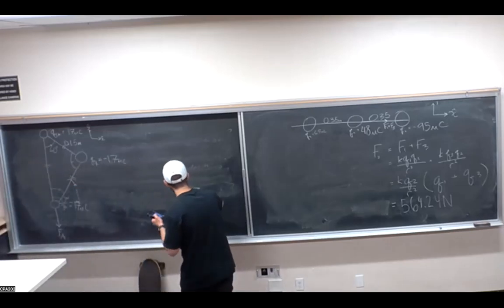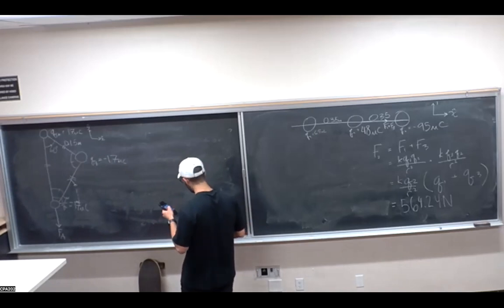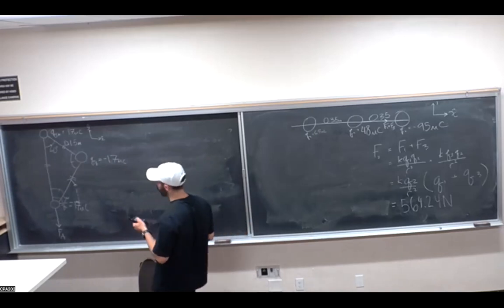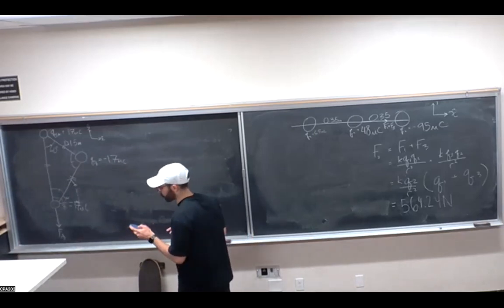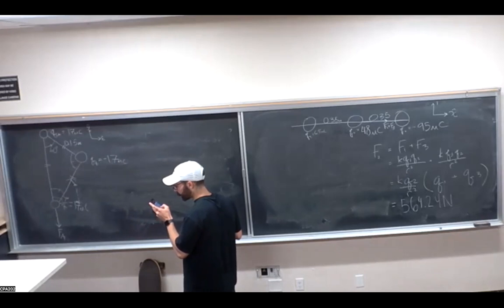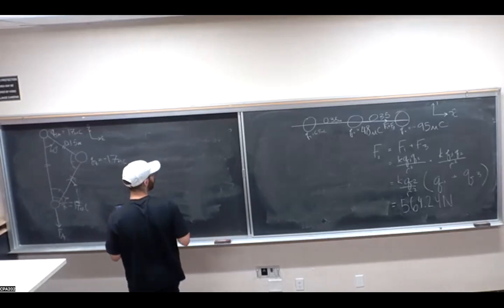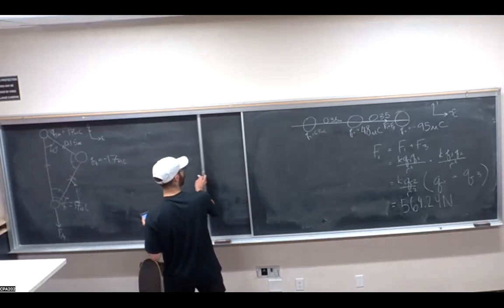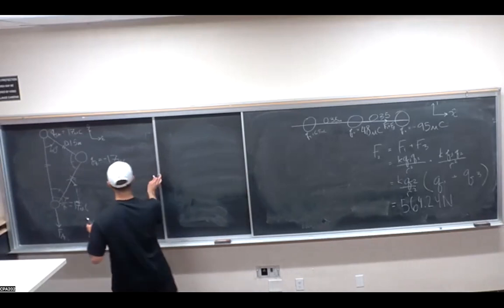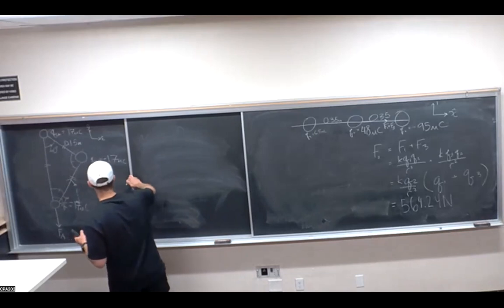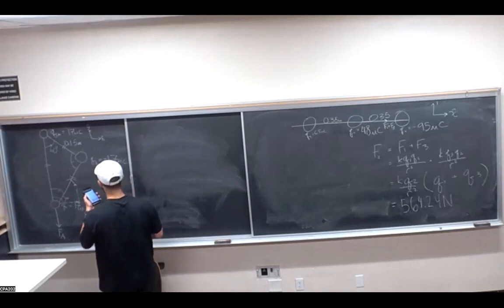Okay, so at this point, we now have enough to solve for the electric force. And how I knew to solve for electric force first is we were given all the charges. Okay, so let's start in. All right, so let's start in the x direction.